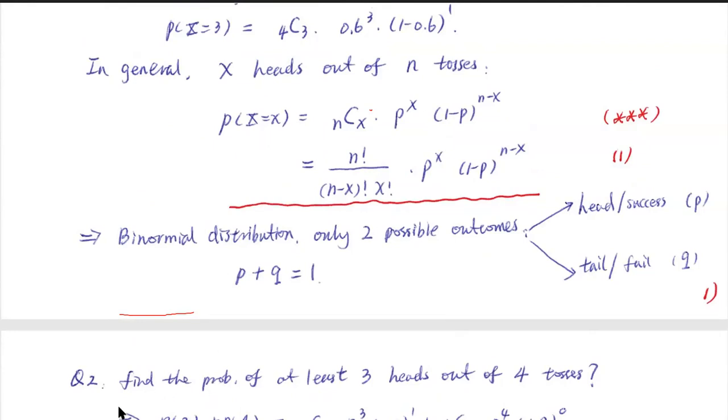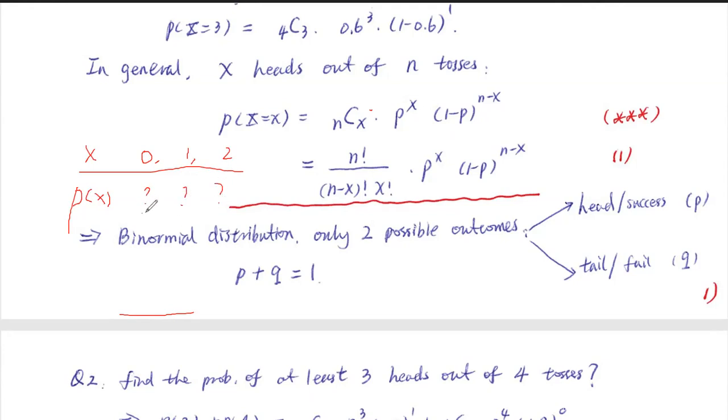If I can write on that, you have X, you have PX, that probability distribution table. So in this case, for example, you toss the coin 4 times, number of heads could be 1, 2, 3, and then you calculate the corresponding probability.